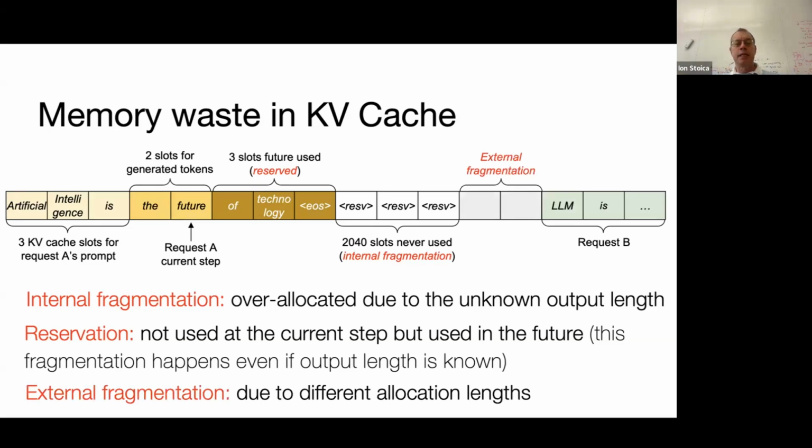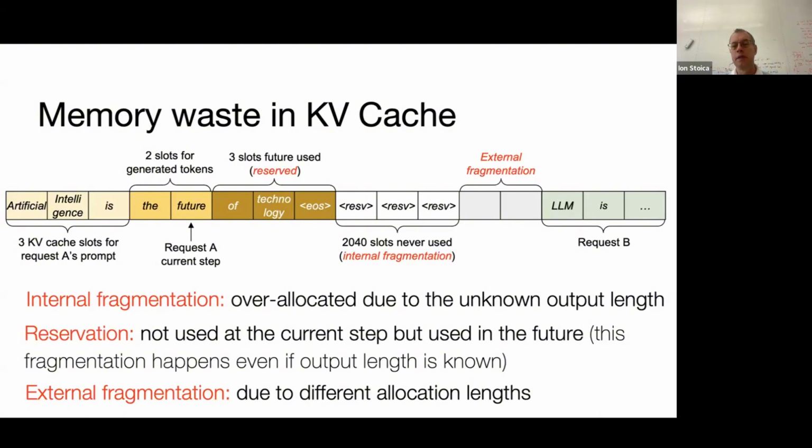And then you have external fragmentation, because for different requests you may pre-allocate different sizes. If you don't allocate the same size for each request, you are going to have gaps. Say in the simplest case, you have only two types of requests: for one you allocate 2,000 tokens, and for the other 1,000 tokens.